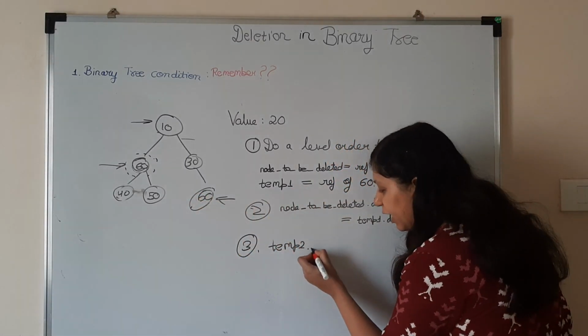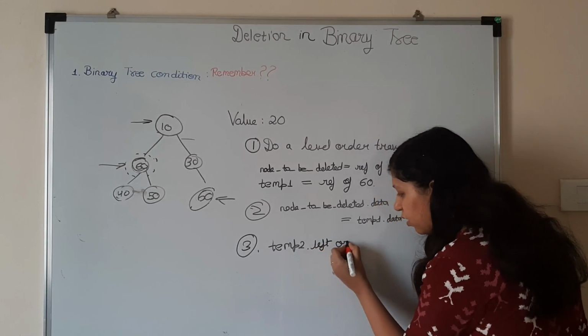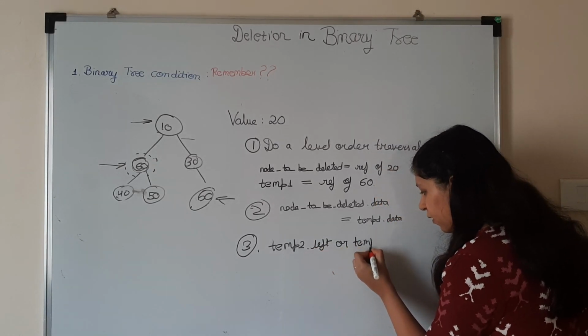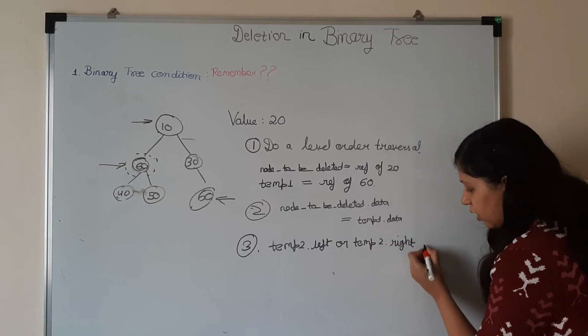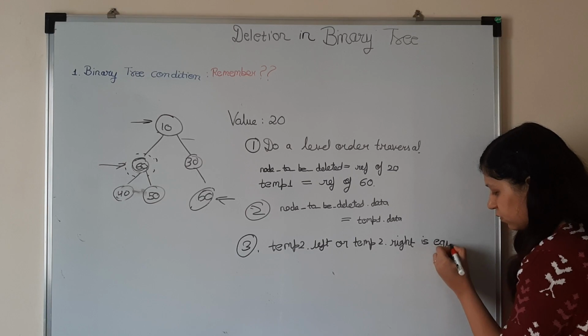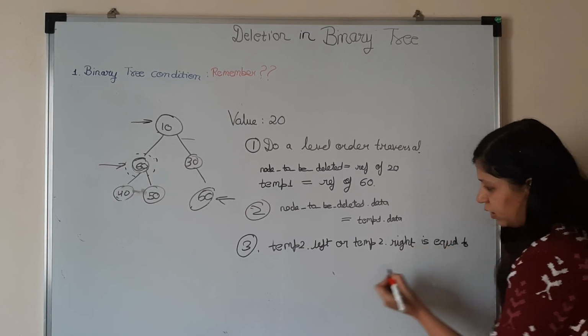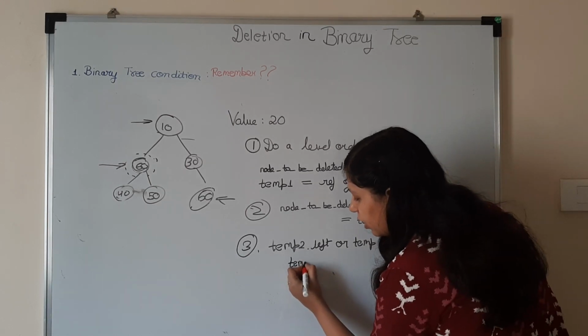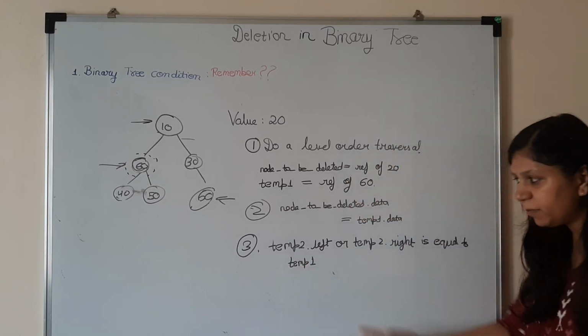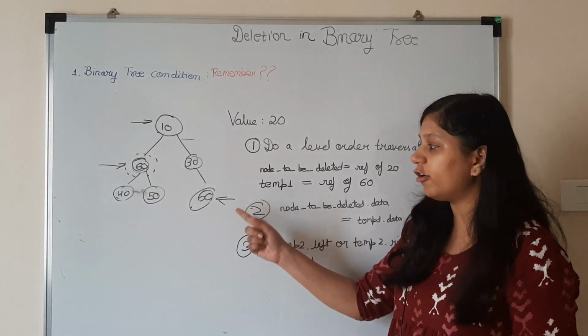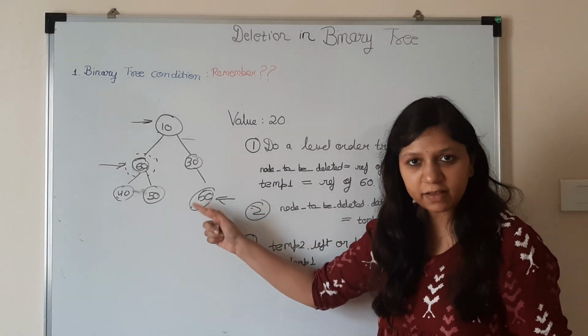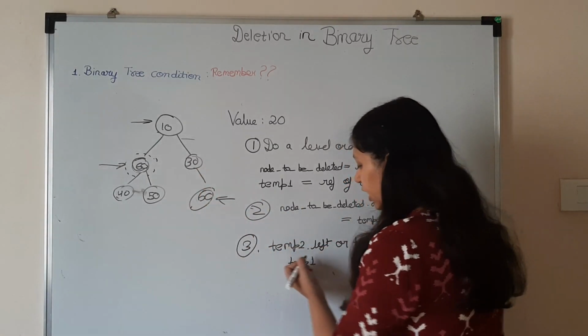If temp2 dot left or temp2 dot right is equal to temp1, it means temp2 is currently at the node which is the parent of temp1, the last node, which is 30.